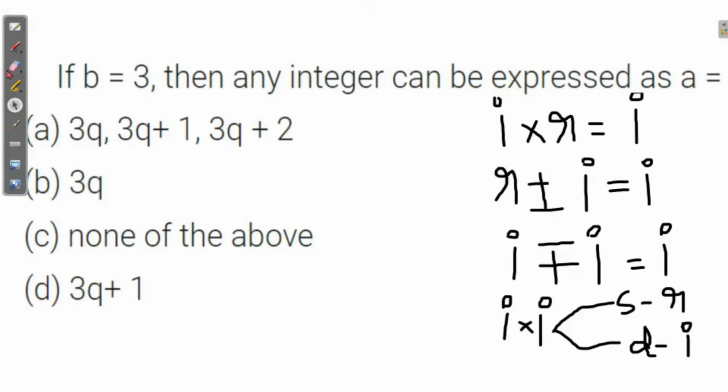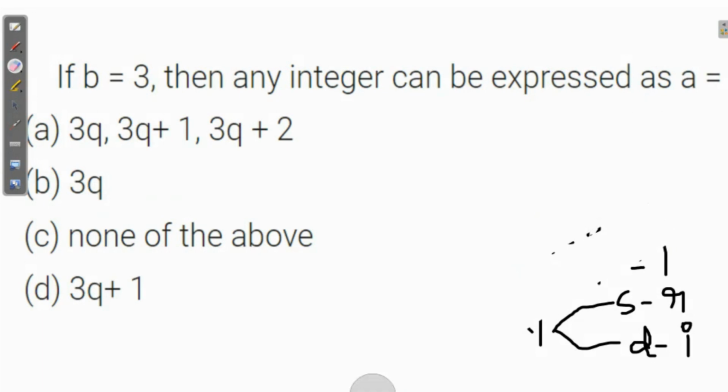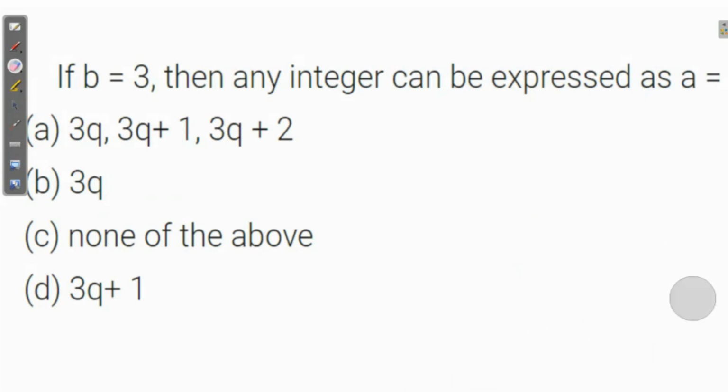Okay, till here, I hope you have copied this formula by now. Here, you know, divisor is equal to divide. See, here if b is equal to 3, then any integer can be expressed in the form of dividend.